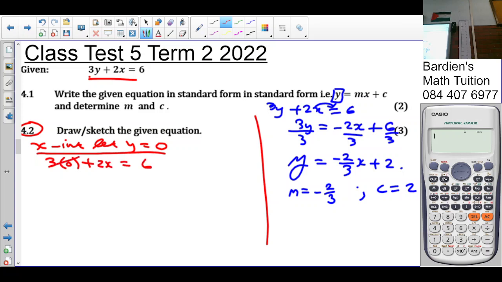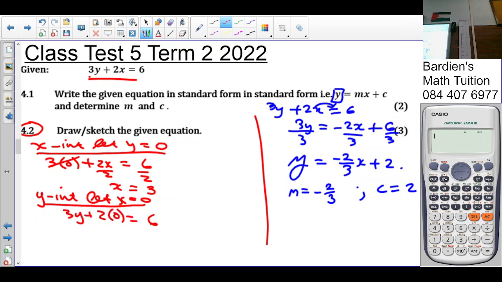So 2x equal to 6, divided by 2, x equal to 3. Y-intercept: what do you do for the y-intercept? Get x equal to 0. So 3y plus 2 times 0 equals 6. Anything times 0 is 0. 3y is equal to 6, divided by 3. So y is equal to 2.